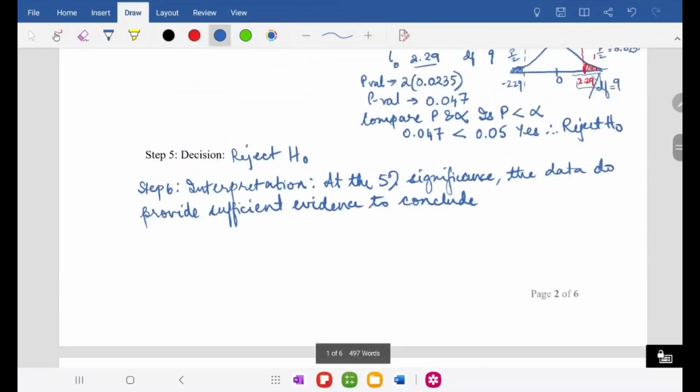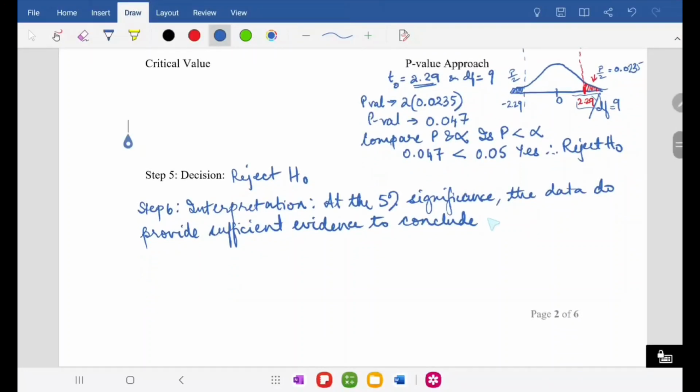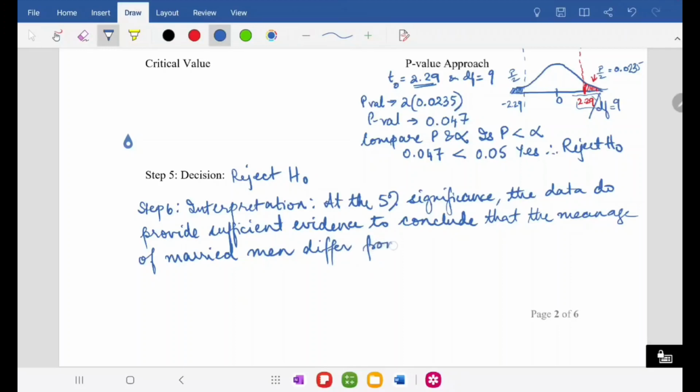To conclude that the mean age of married men differ from the mean age of married women. All right, so that completes the hypothesis testing for this problem.